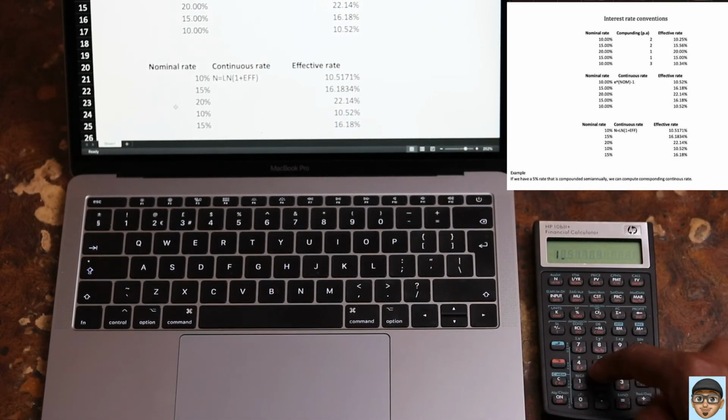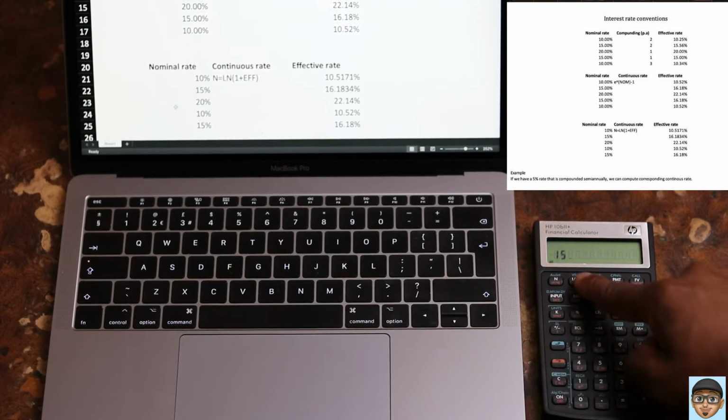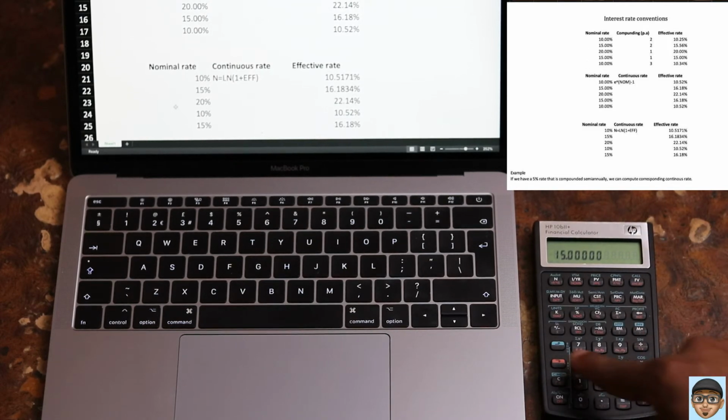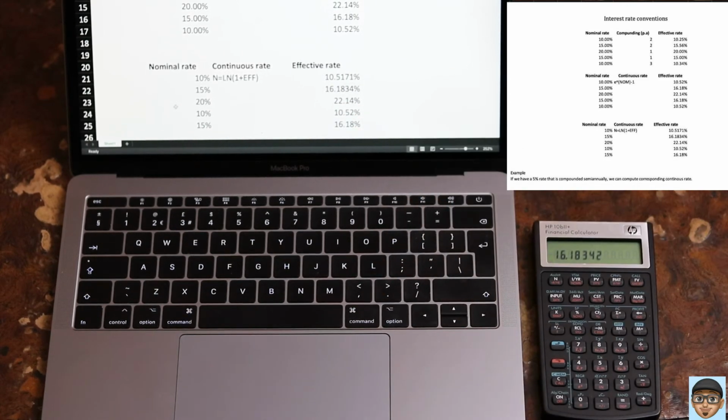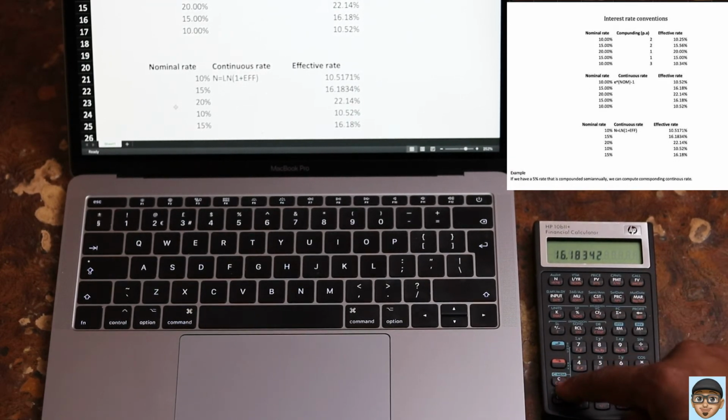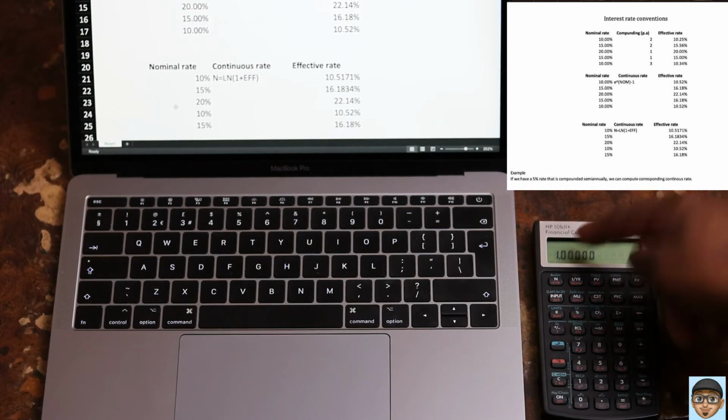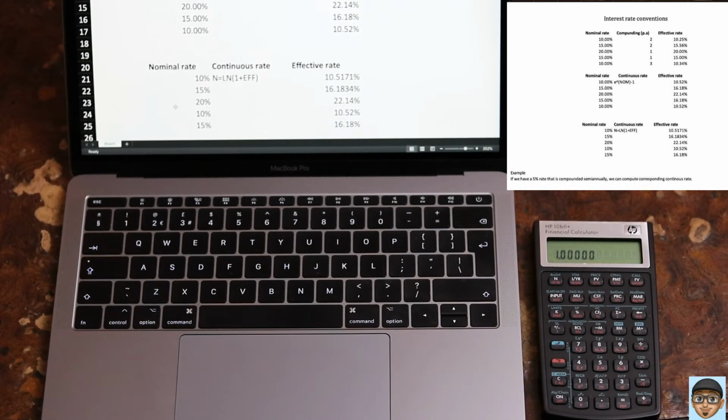Secondly, we can use 15% like the other example above, and then the effective rate will be 16.18 as you see on the screen. However, you can use this button which is already preset as exponential. In that way, you will not have to use the payments per annum function.